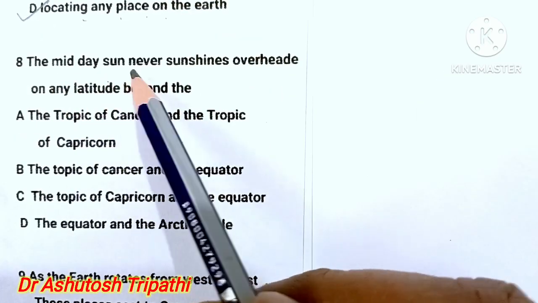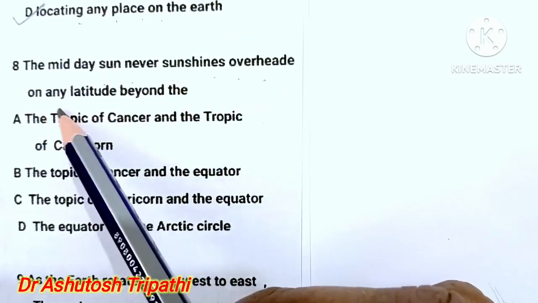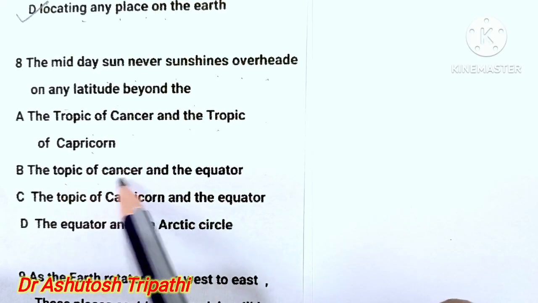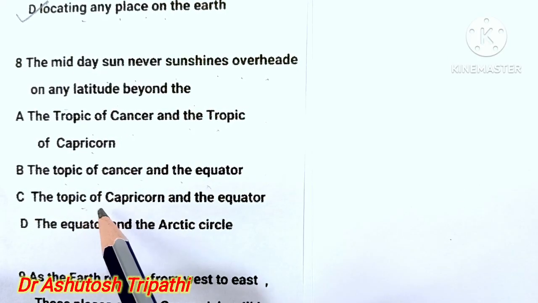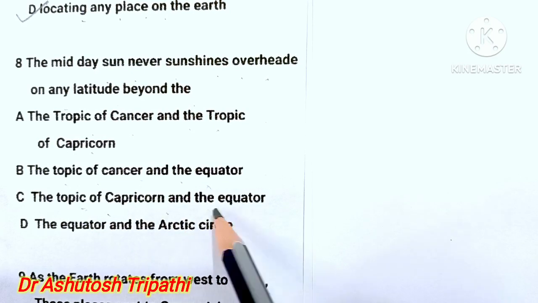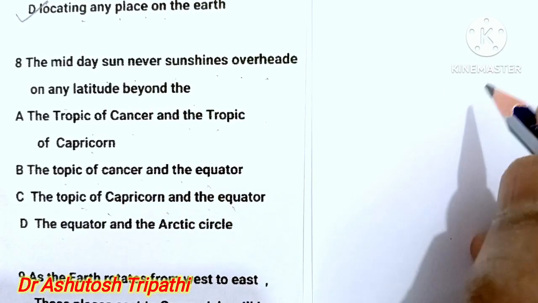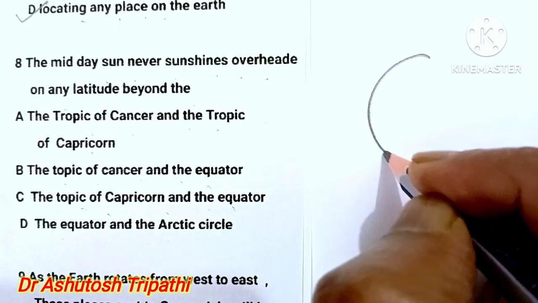The midday sun never shines overhead on any latitude beyond the Tropic of Cancer and the Tropic of Capricorn. Here, see the diagram.